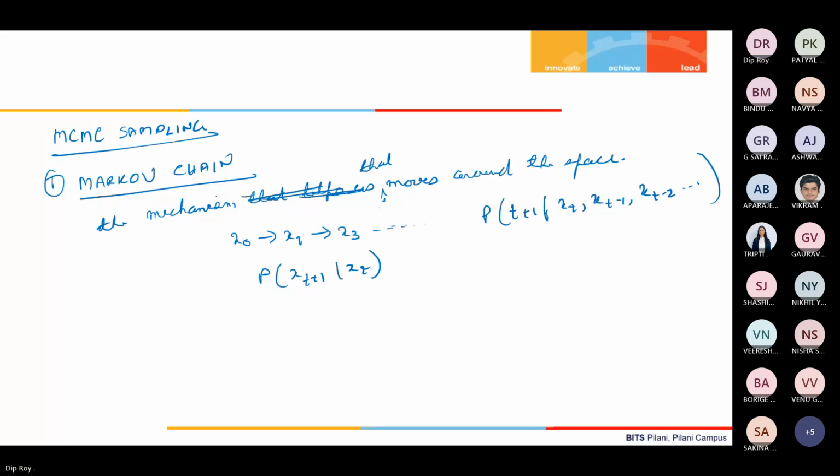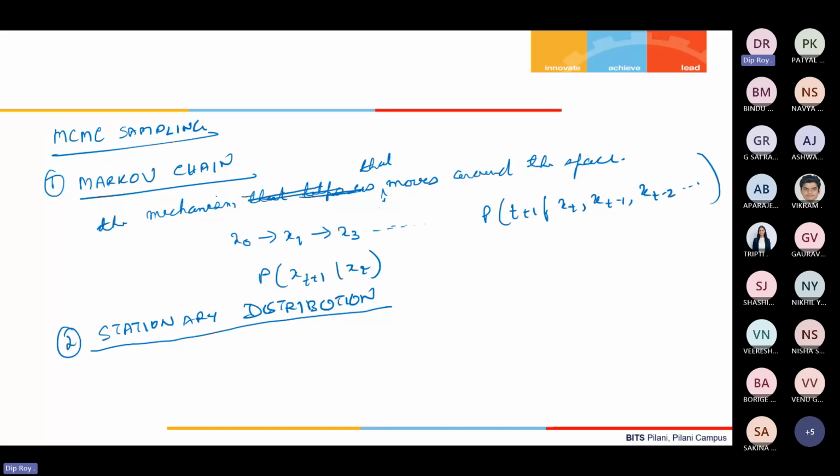Now, the second concept here is something called a stationary distribution. What do we mean by a stationary distribution?